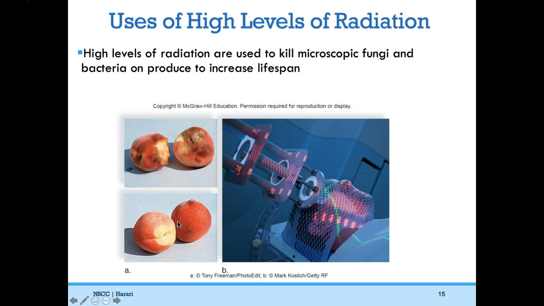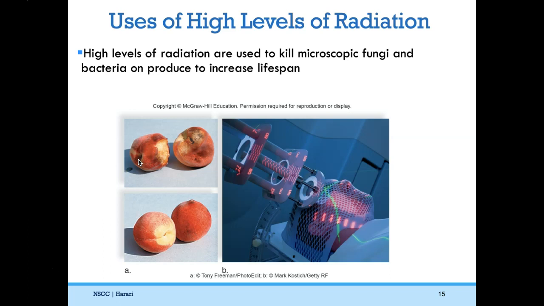You might notice that organic produce doesn't last as long, and this is exactly why. Organic produce is not irradiated, and that's why it lasts a shorter period of time on your countertop. There's no known harmful side effect of radiation.